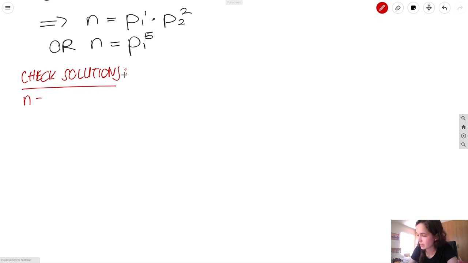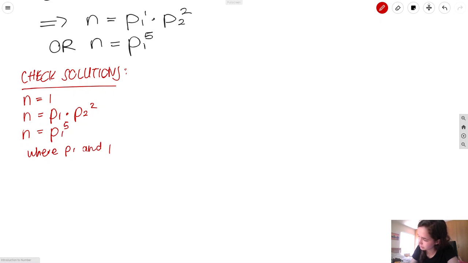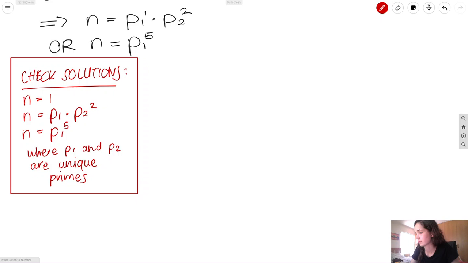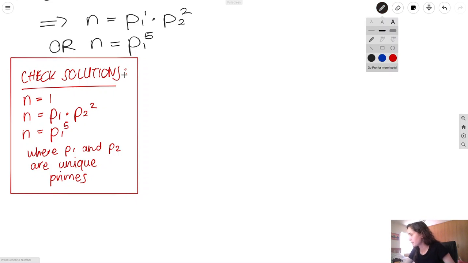So what we had was n equals 1, n equals p1, and n equals p1 to the power 5, where p1 and p2 are unique primes. So let's check that quickly.